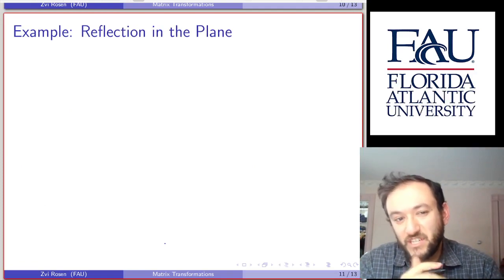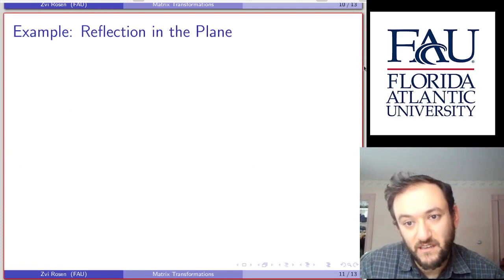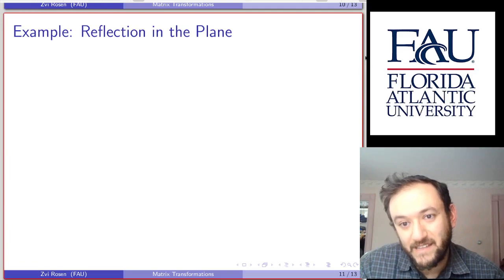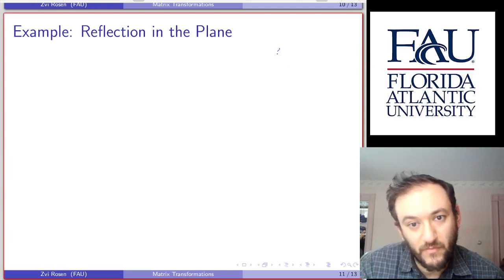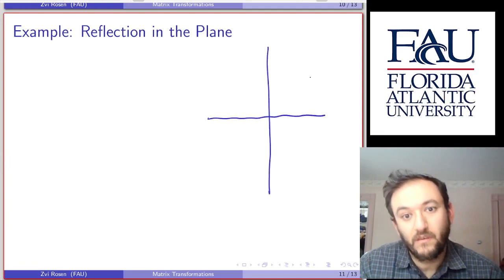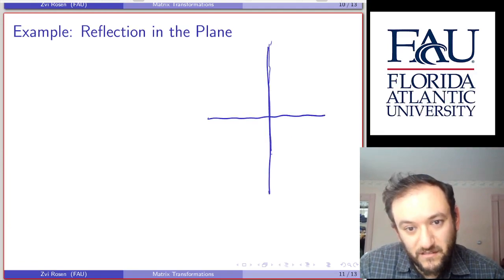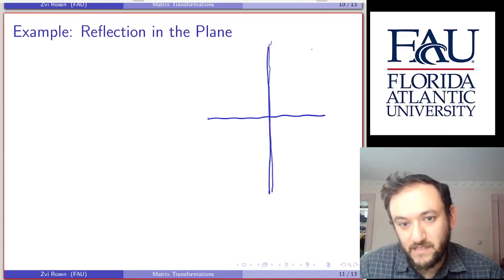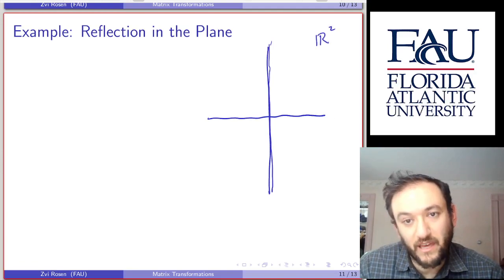What about reflection in the plane? So let's say I'm going to fix the y-axis. And I want to reflect lines across this y-axis. Okay, so we're in R2 again.